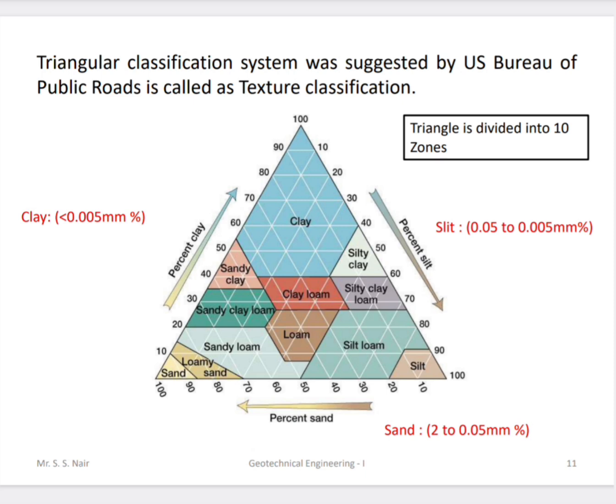This is called texture classification. In this triangle, sand, silt and clay percentages are noted, where this triangle is divided into 10 zones. So using the percentages of clay, sand and silt, we get the exact classification of soil.